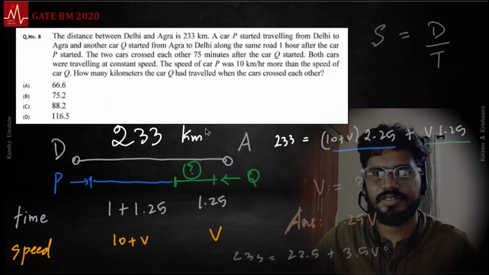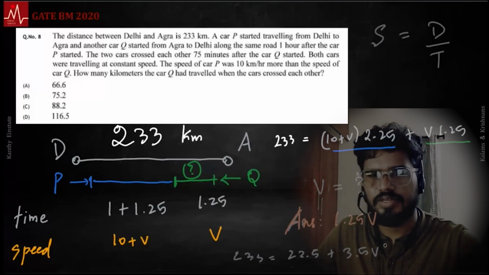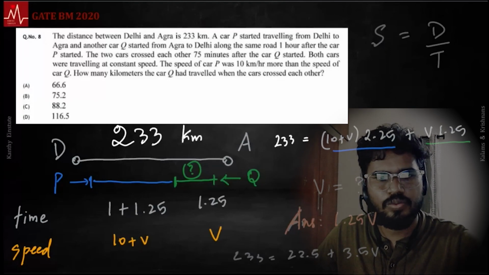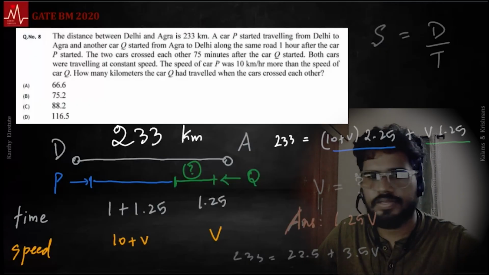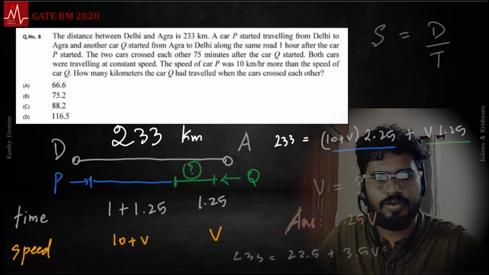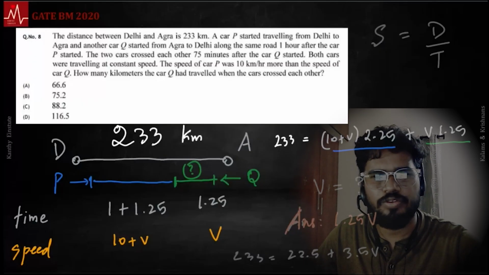Get calculator. Distance is that, can we also get V? 235 minus 22.5 plus 212.5, divided by 3.5.